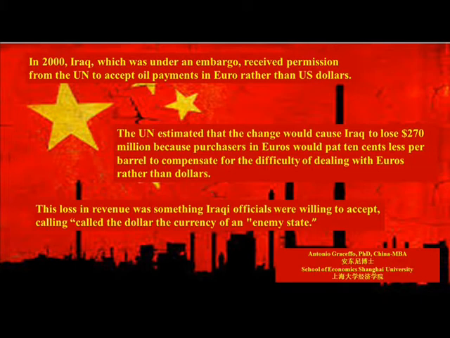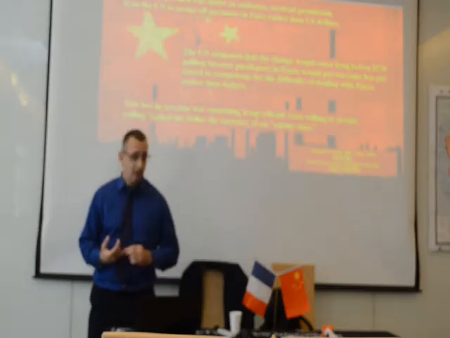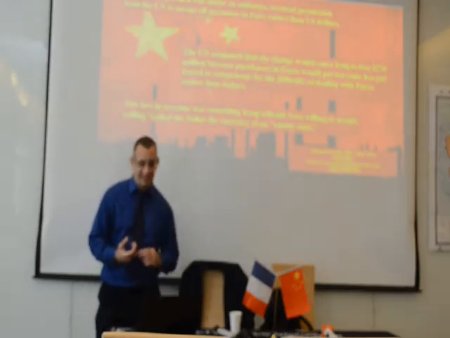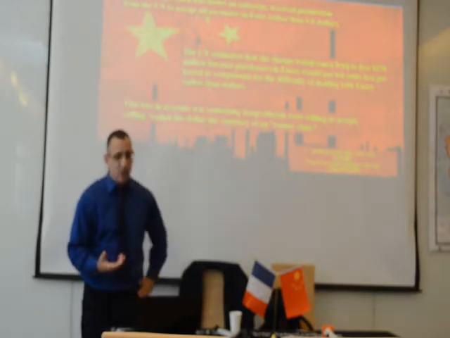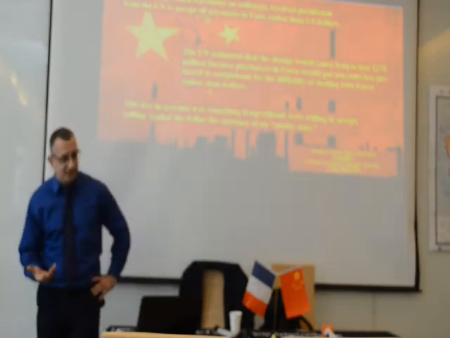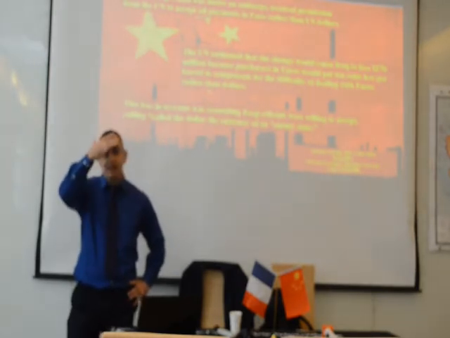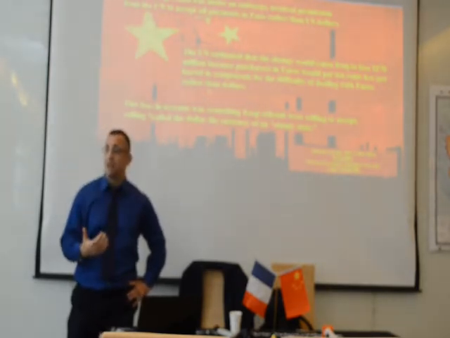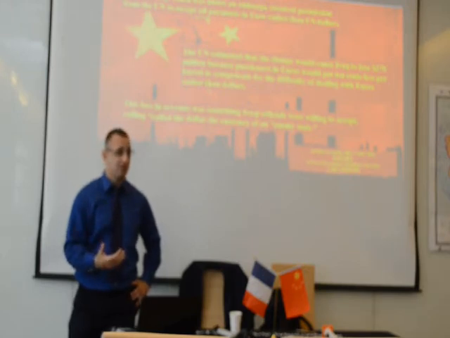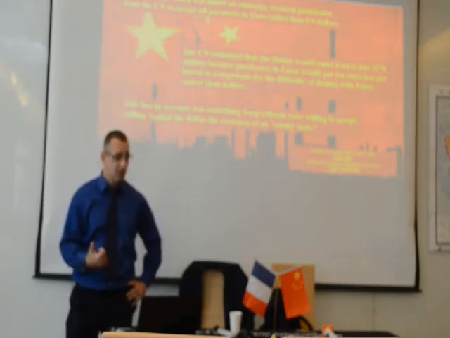So Iraq, before the war, Iraq and the U.S. had problems, right? So in 2000, Iraq was under an embargo from the United States, and they demanded that they wanted to receive payment in euros instead of U.S. dollars.